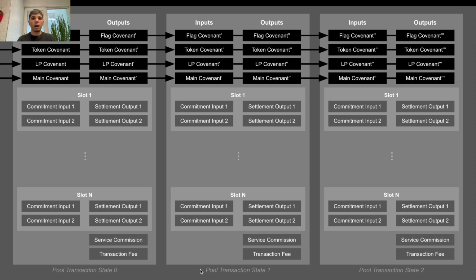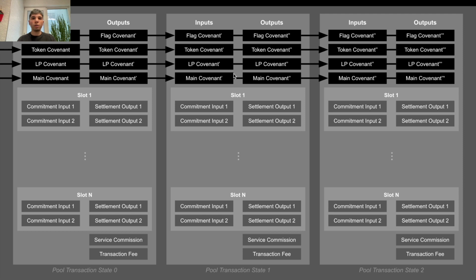You have a special transaction called the pool transaction, where each state transition takes place. Within the pool transaction, you spend some old state and construct some new state, and the states are carried across these four covenants.